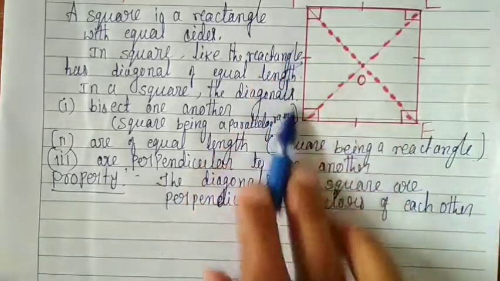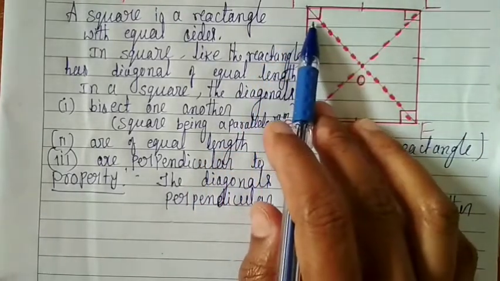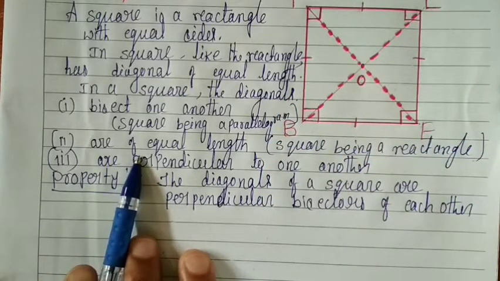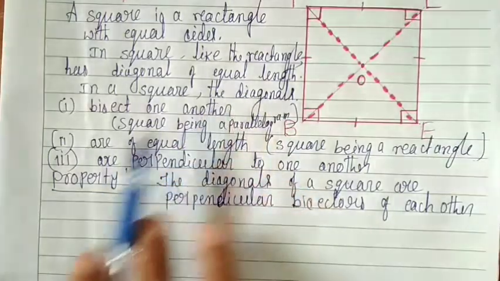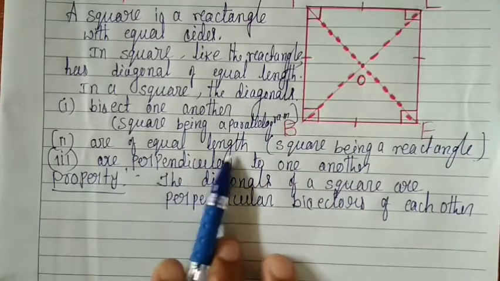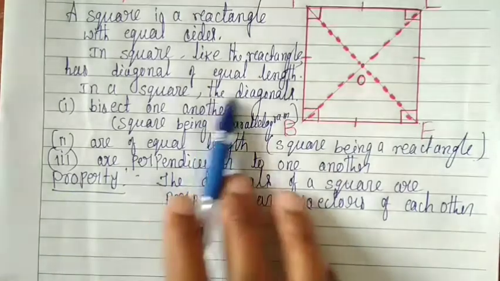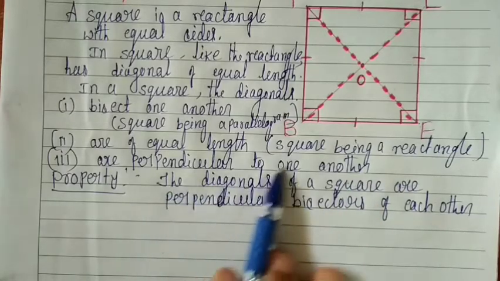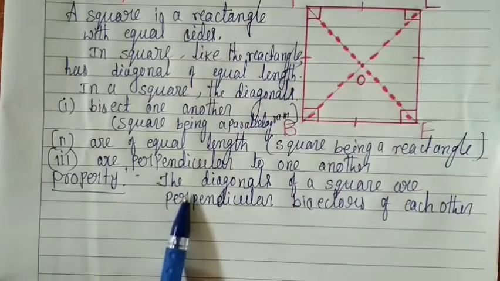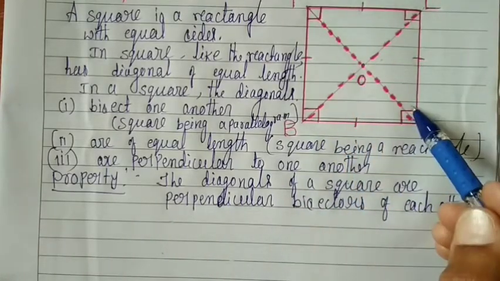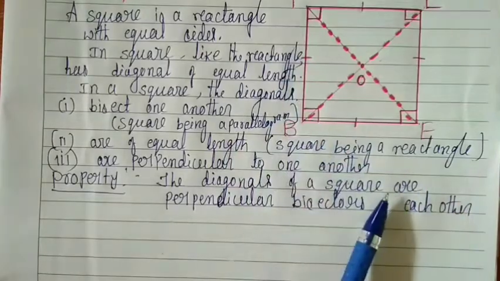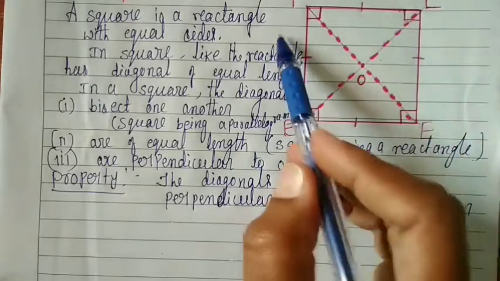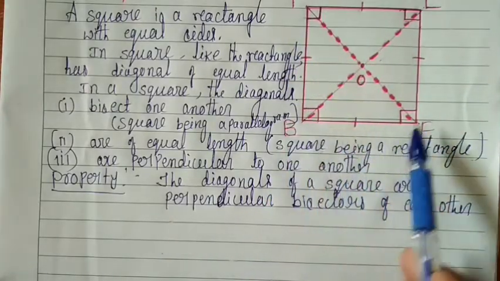Once again, in a square, the diagonals bisect one another. Second, the diagonals are of equal length. The third property is the diagonals are perpendicular to one another. Hence we get the property: the diagonals of a square are perpendicular bisectors of each other.